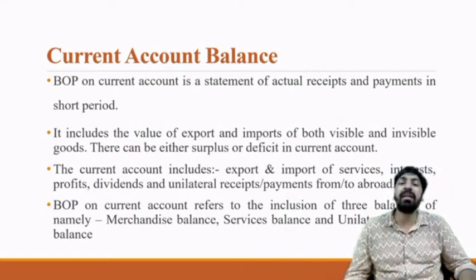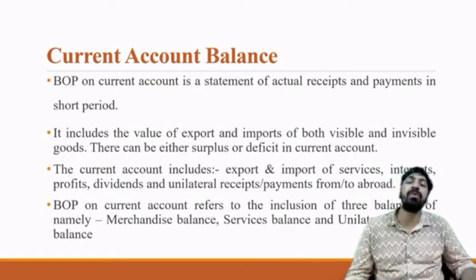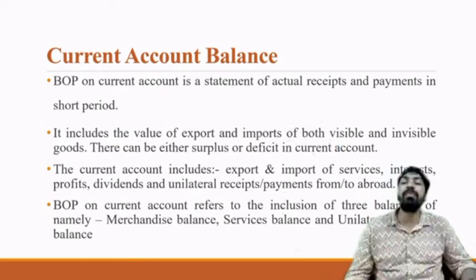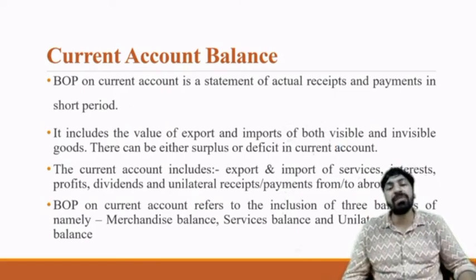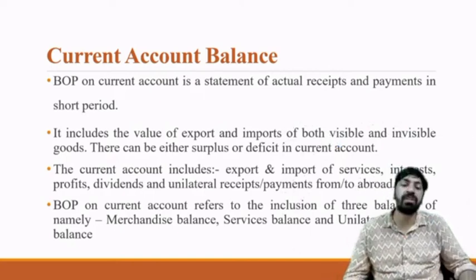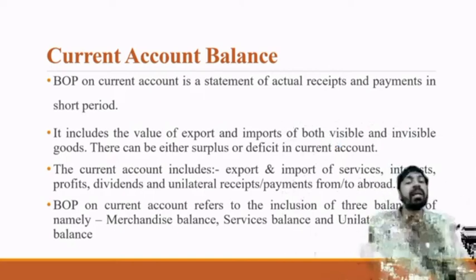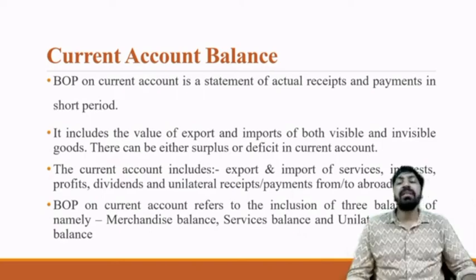It depends. If exports are more than imports, we talk about surplus. If imports are more than exports, then we talk about the deficit because the earnings are not able to come out. What are the items included in the current account?